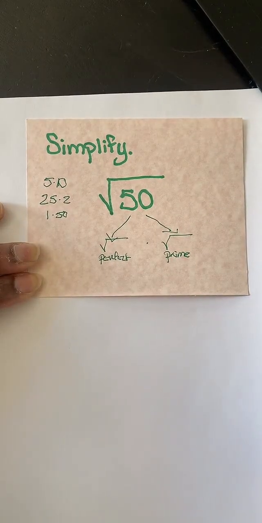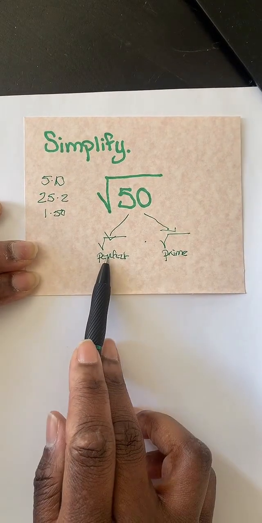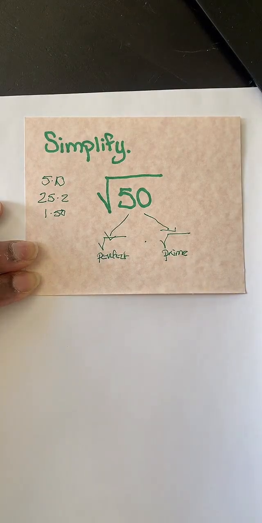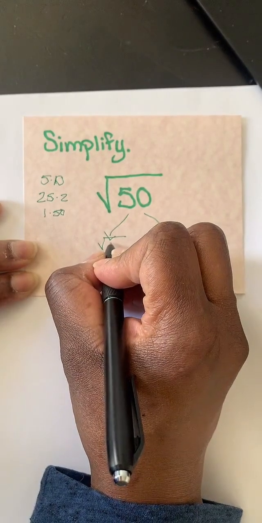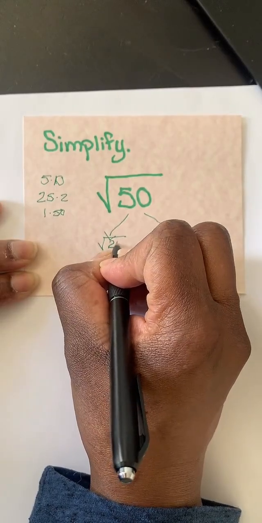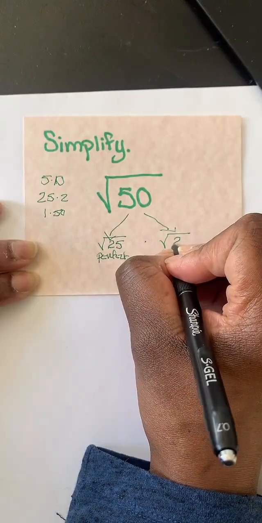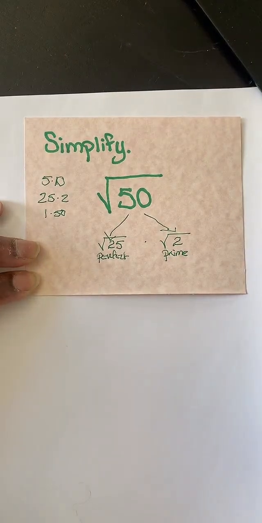So which one would give me a perfect square root and a prime square root? Yes, we got our 2 and 25. The perfect will be my 25, and my prime will be my 2.